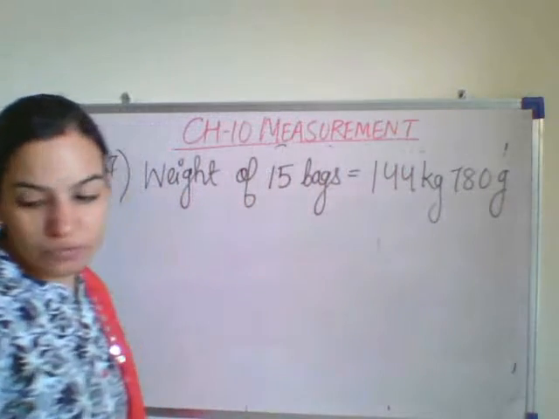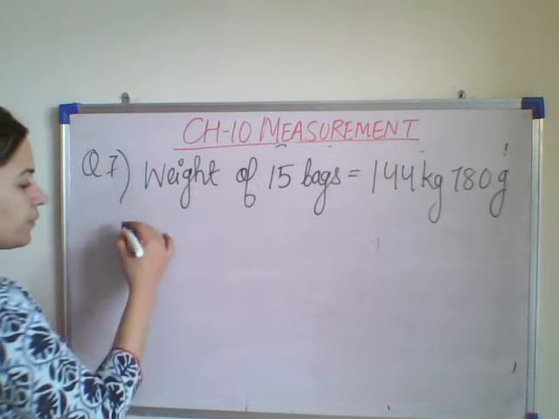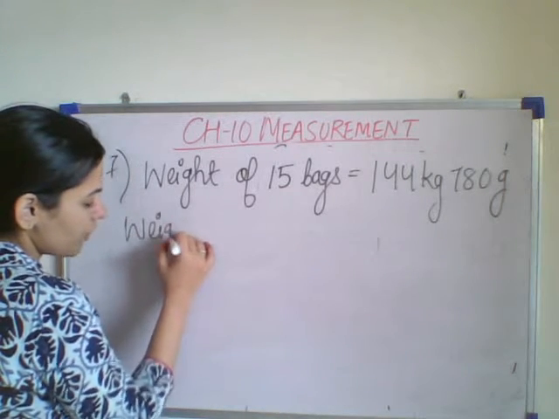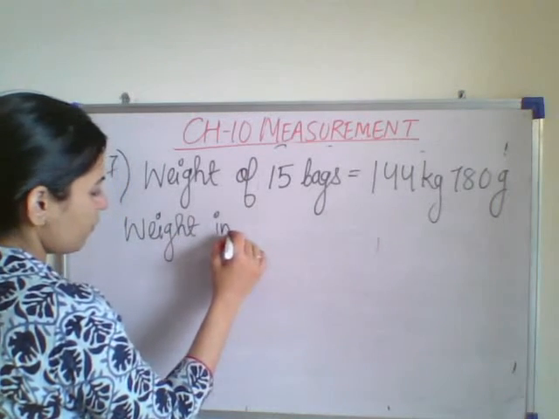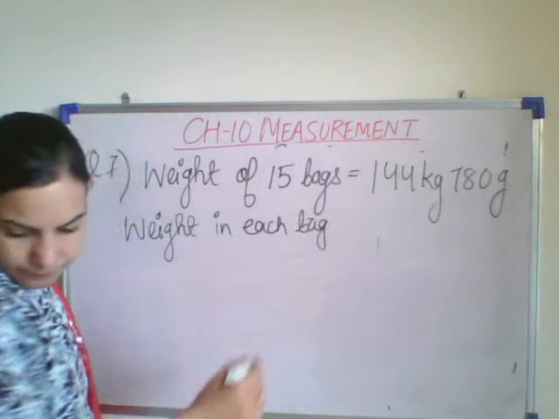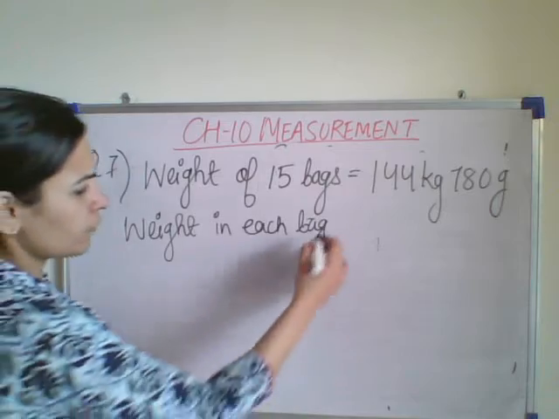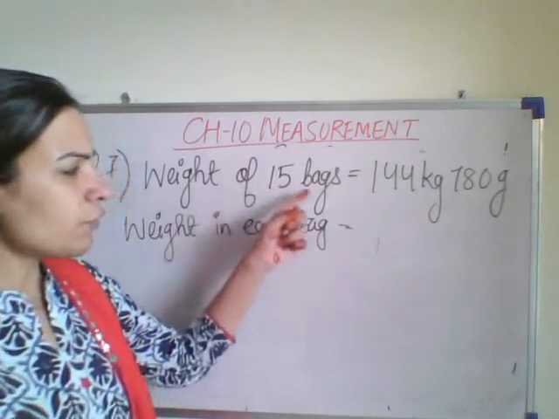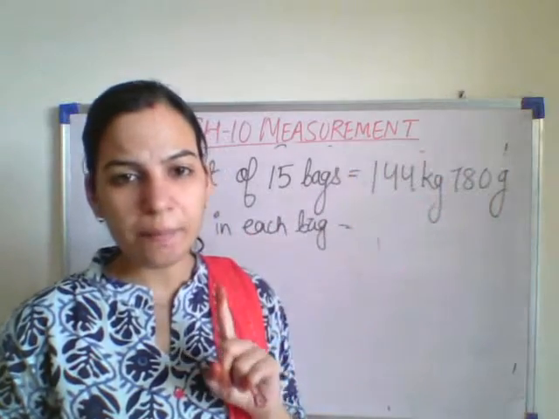This is the weight of the 15 bags which is given in the question. We have to find the weight in each bag. So the weight of 15 bag is this much, and we have to find the weight of one bag.